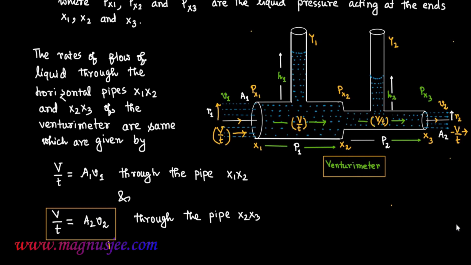Here V by T equals A2 V2 is equation 1, and V by T is the rate of flow of liquid.